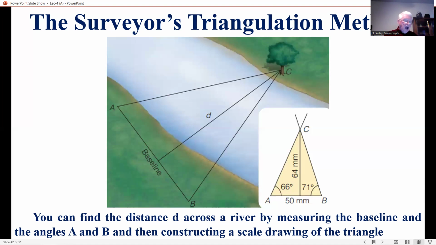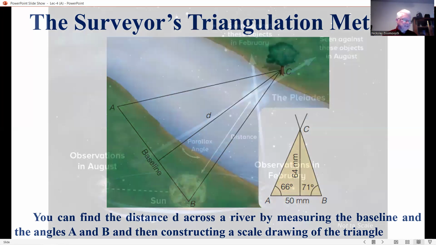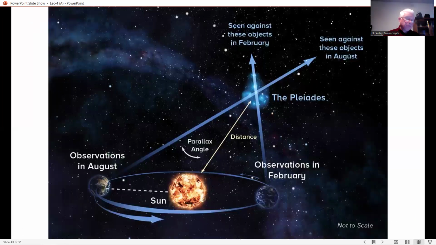And if you measure the height of your triangle, you will find it to be 64 millimeters, and thus conclude that the distance from the baseline to the tree is 64 meters, right? Modern surveyors use computers to solve these problems. But however you solve the problem, the point is that simple triangulation can reveal the distance across a river.